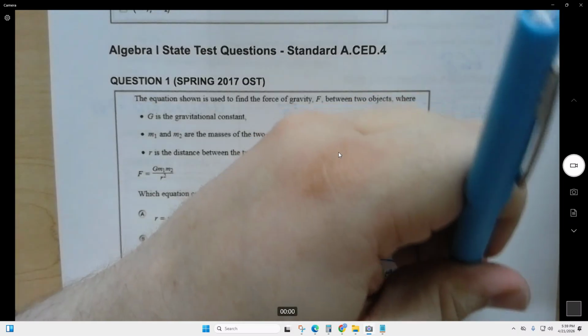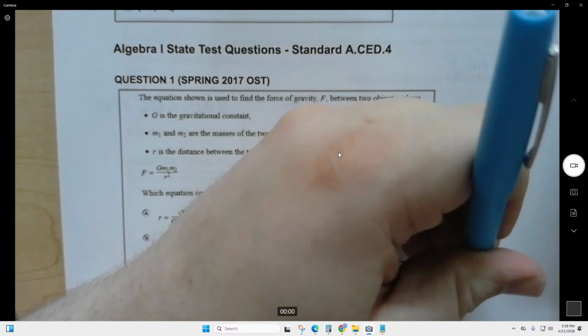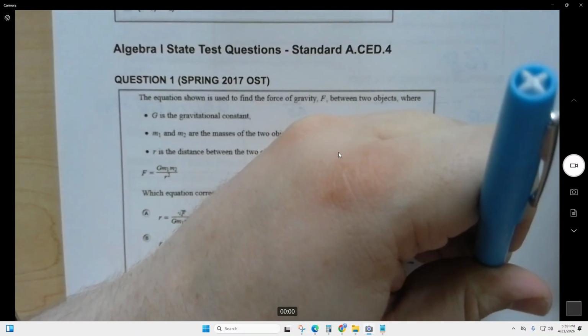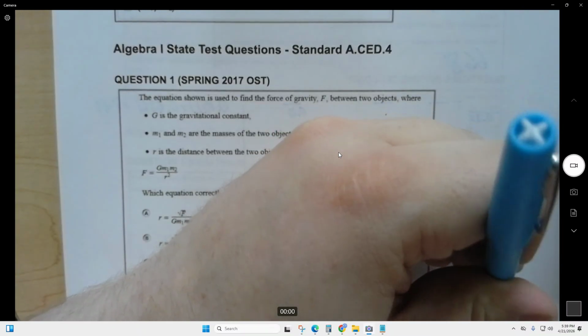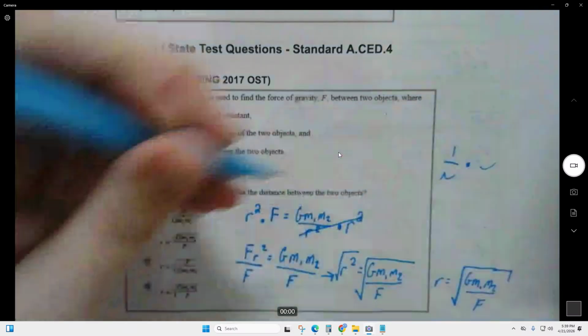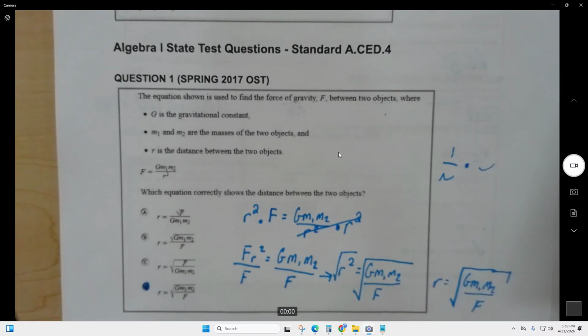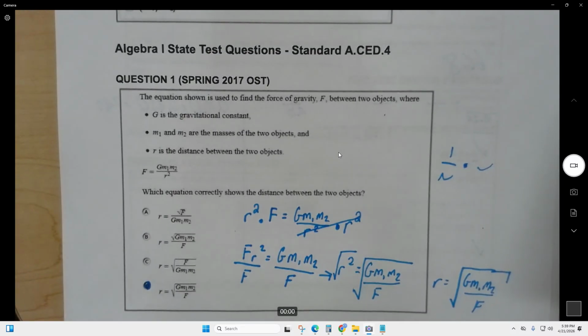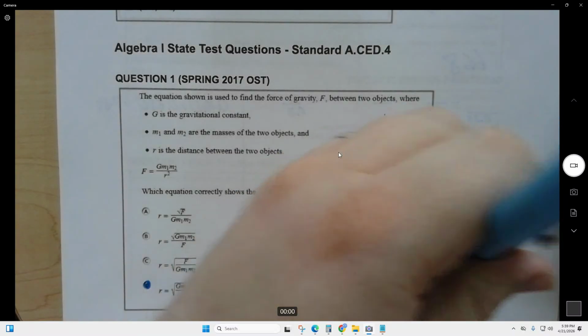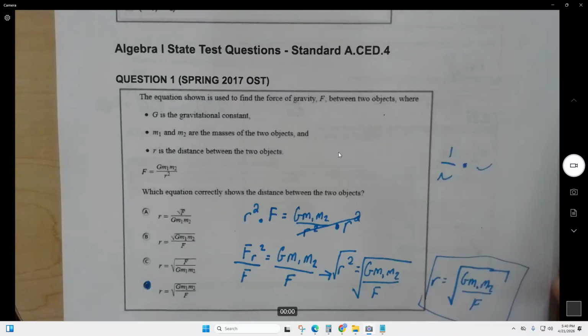So R is equal to the very large square root of G M1 M2 over F. And that, my friends, is choice D. You'll notice that G, M1, and M2 never moved because they didn't need to move. All we need to do was move R and then get rid of anything on the same side as R. That is your answer.